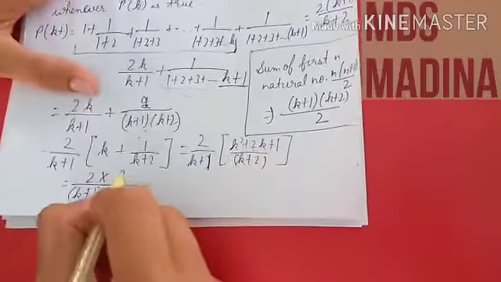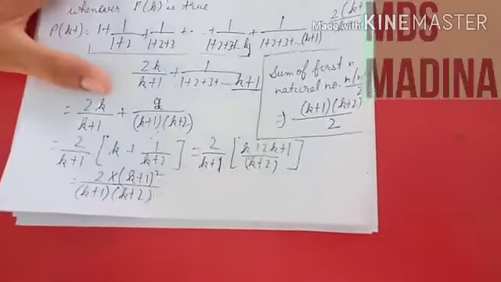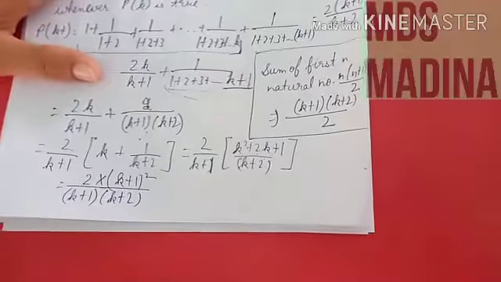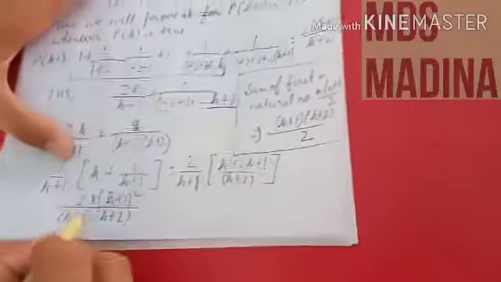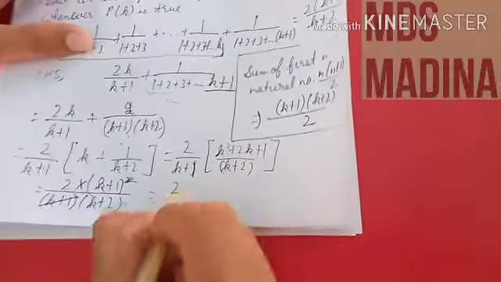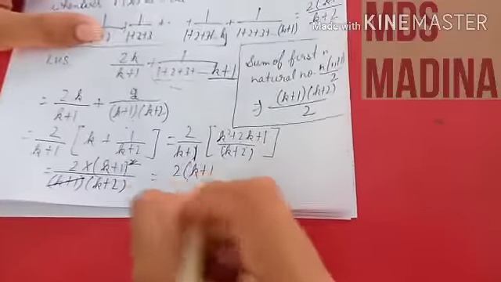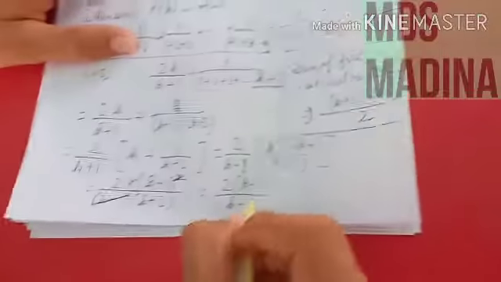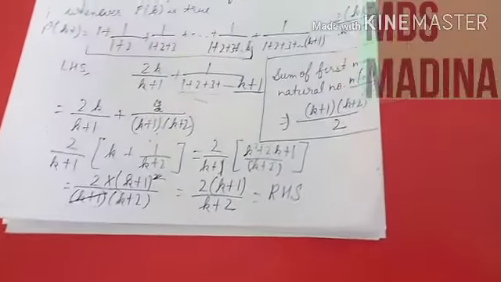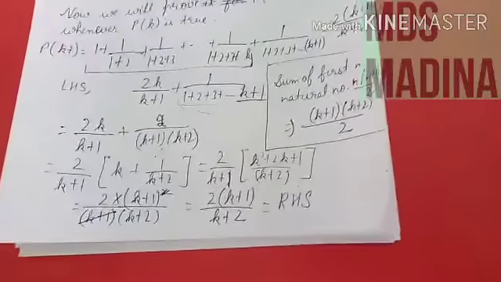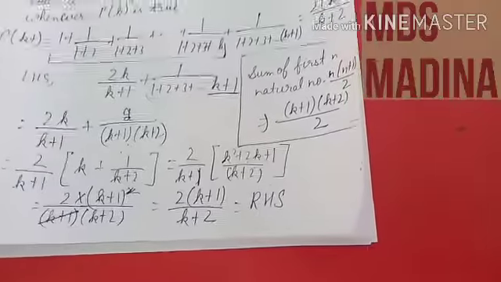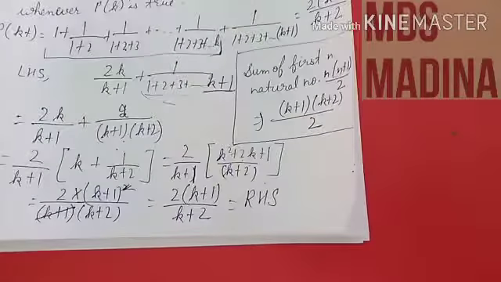It is square of k plus 1 whole square. You can see, if we open it, we will get k square plus 2k plus 1. So k plus 1 will cancel the square of it. So we are going to get 2 into k plus 1 by k plus 2, and that was our right hand side. That means our P of k plus 1 is true whenever P of k is true. So this question is also solved.